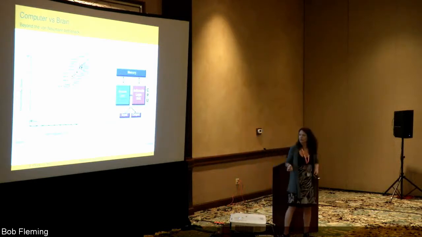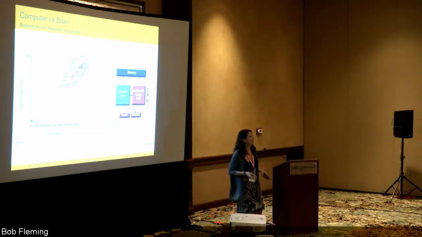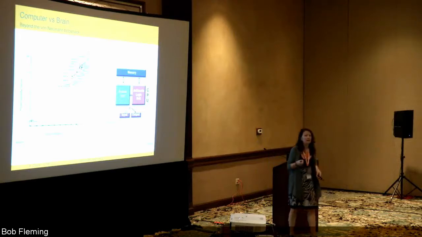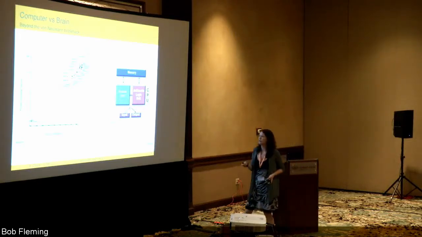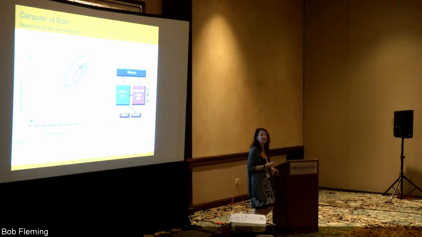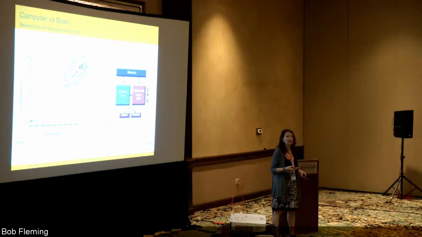Where is the brain in this graph? The brain is here. You can argue about the exact number. I don't believe this is a good estimate, but I don't believe we can have a precise estimate of this. But it tells you that the operation is at a completely different scale. So this is one fundamental difference that we have to consider: maybe we are not using the right substrate for implementing those principles when we use computers.